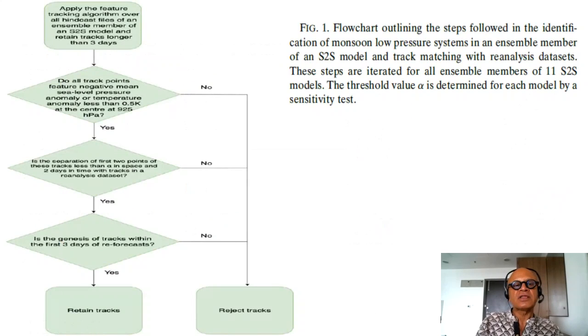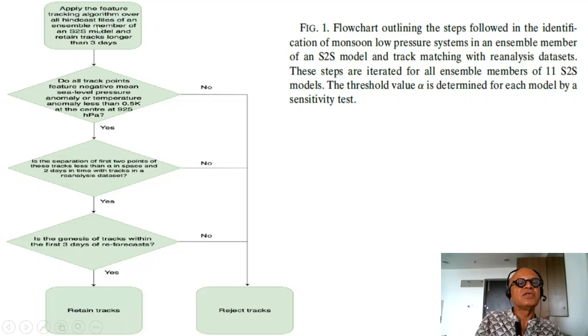When people look at doing this from models, this is from a paper by Andy Turner's group, which looked at S2S forecast models, so subseasonal to seasonal forecast models, to see how models do the forecasts of low pressure systems. They have a detailed algorithm to go through and find the tracks and retain them or reject them based on various criteria.